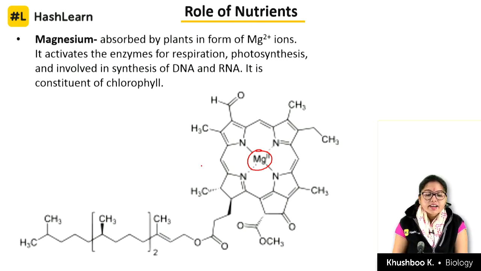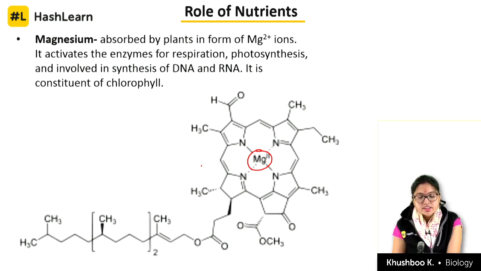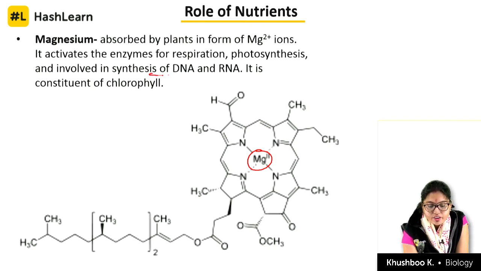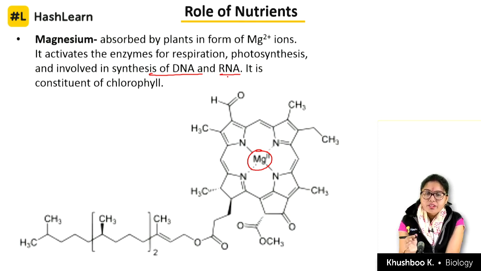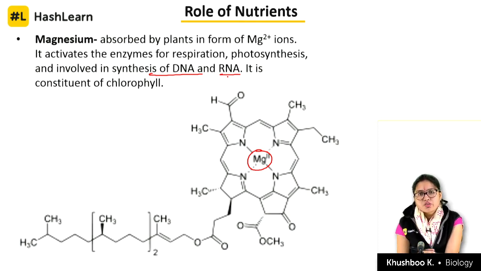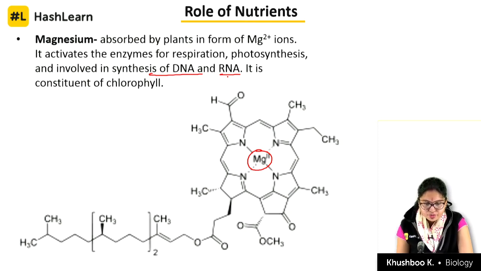Okay, and it activates the enzymes of respiration, photosynthesis, and it is involved in the synthesis of DNA and RNA also. ठीक है, DNA और RNA की synthesis में भी involved है. How and when, this is there in standard 12th. Okay, just in case you are interested in knowing, you can go and watch the video of standard 12 where I have discussed about the replication and transcription if you want to, or if you are very curious.